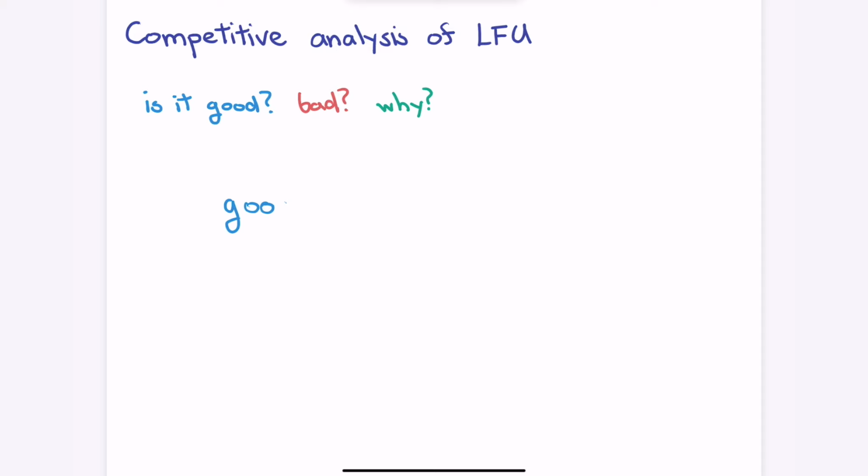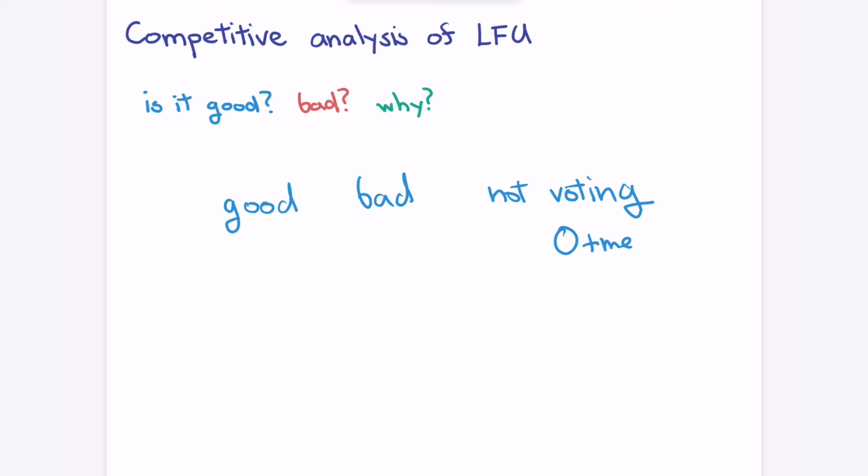You get to vote good or bad, or you're not voting. First, who's not voting? Who thinks it's going to be pretty good? I'm not sure how good is defined.